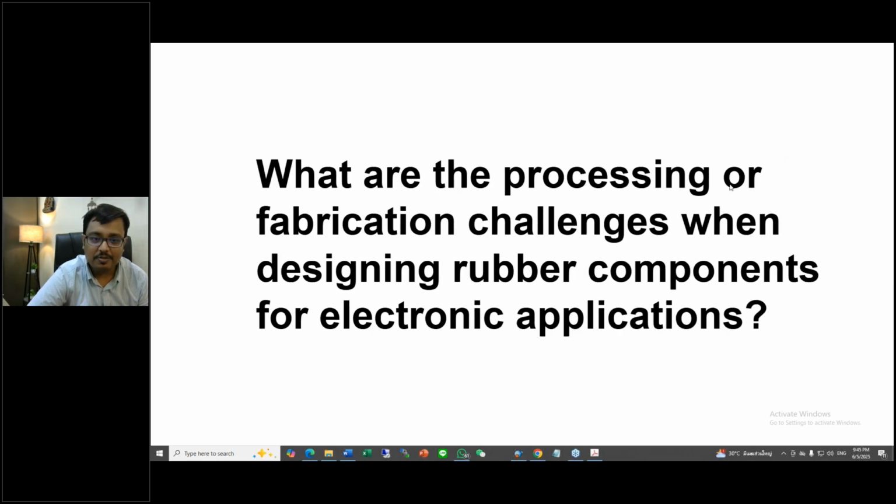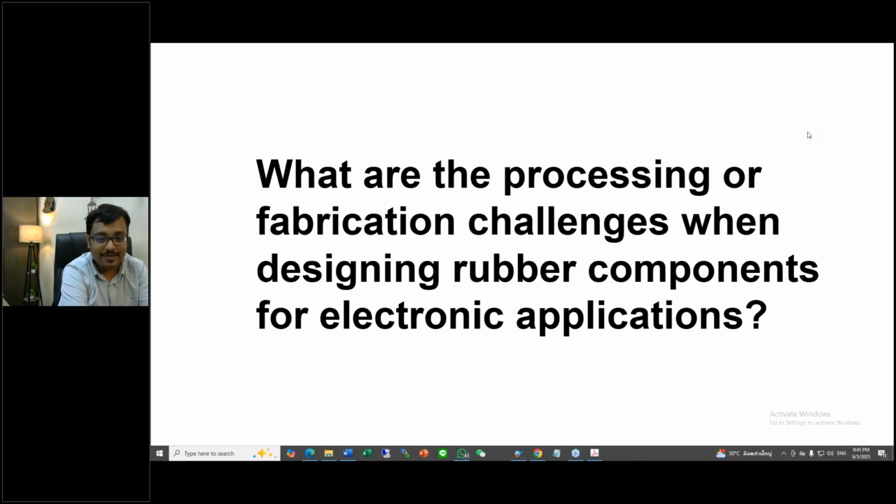What are the processing or fabrication challenges when designing rubber components for electronic applications? This is a kind of universal challenge that people dealing with nanomaterials or nanocomposites have, because until and unless you have a very good dispersion of the nanomaterial, you know the tricks of dispersing it into the rubber. Let's say I talk about graphene. I have been working on graphene for the last 15 years, so I know how to get a good dispersion of graphene in rubbers.